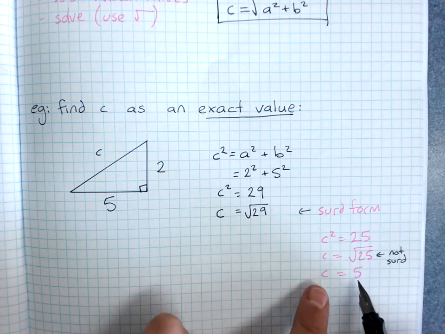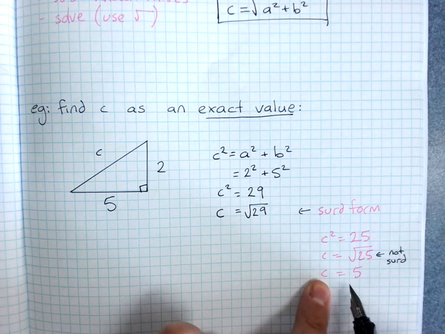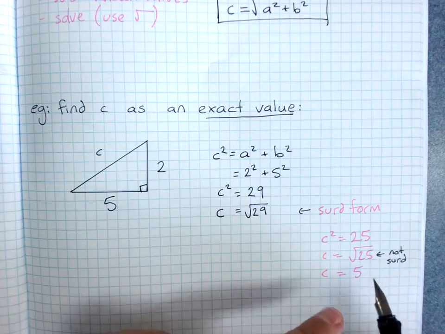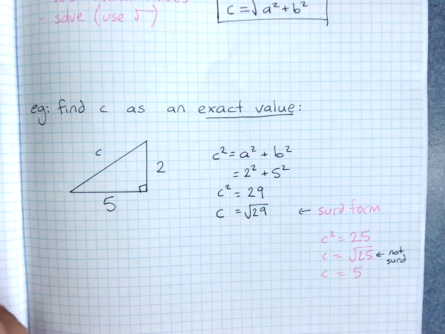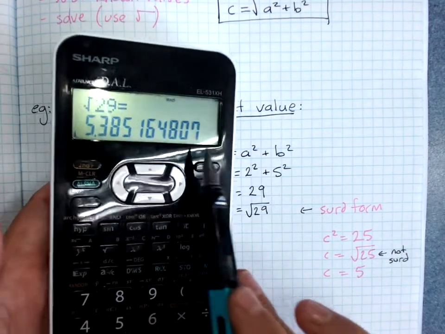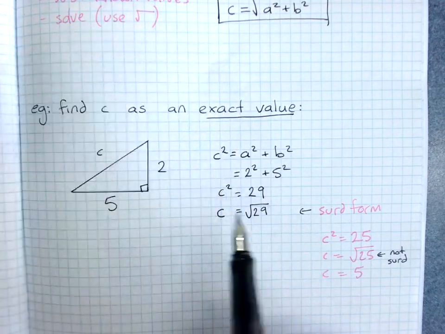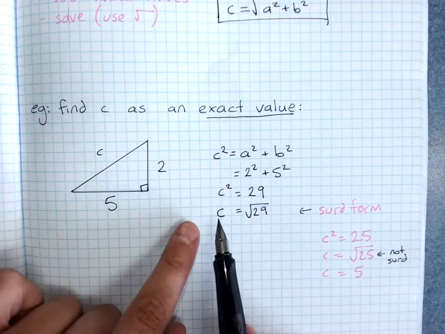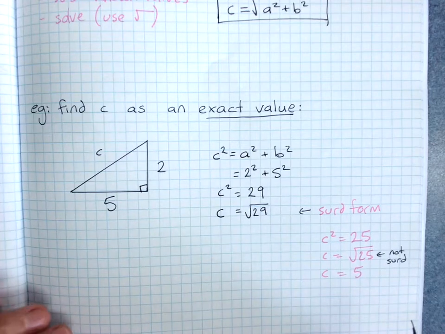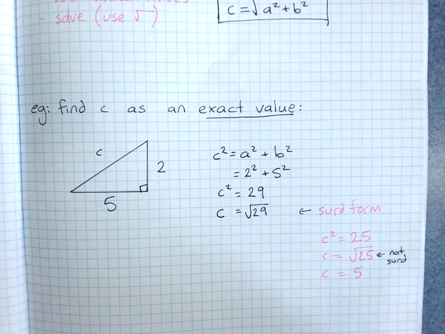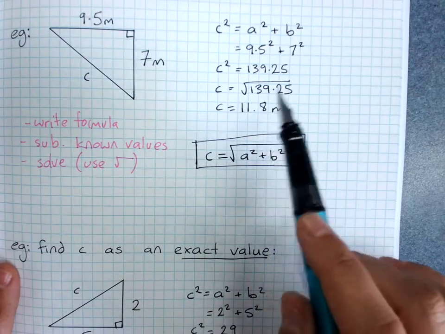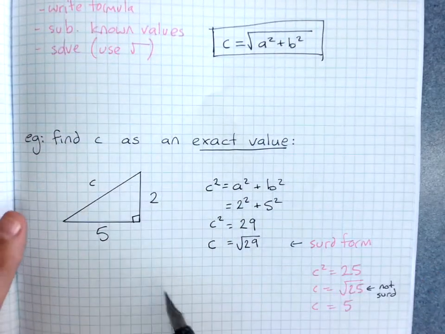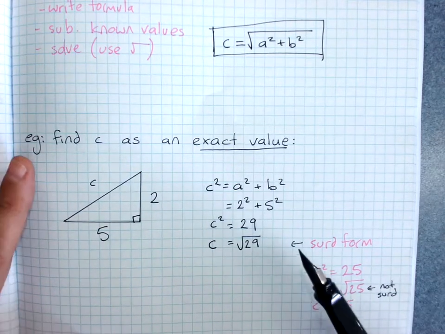So if this had turned out to be 5, great, we go to c equals 5. If the square root came out as exactly 2.5, we'd say, right, good, c equals 2.5. But if it comes out as something that you would have to round and cut off, then an exact value is given in the square root form. So that is how to use Pythagoras' theorem to find the hypotenuse, and a bit of an introduction to exact values.